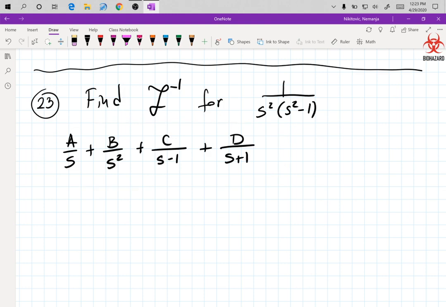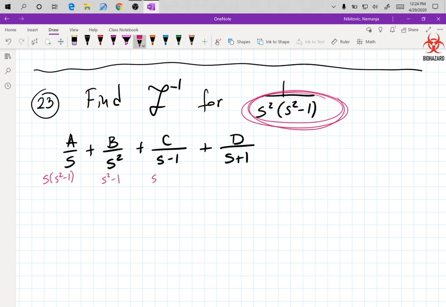All right, so what do I need? As I say to my algebra students, you already have your common denominator, so let's play the game of what's missing. You only multiply in each one of these terms what's missing. So s squared minus 1 is missing here, and over here s squared minus 1 is missing.